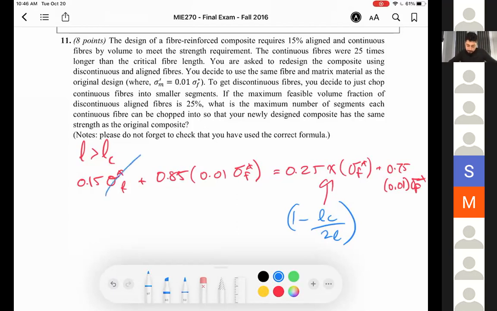And then I solved for that ratio you just wrote.